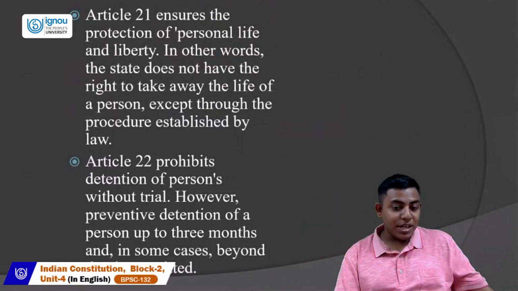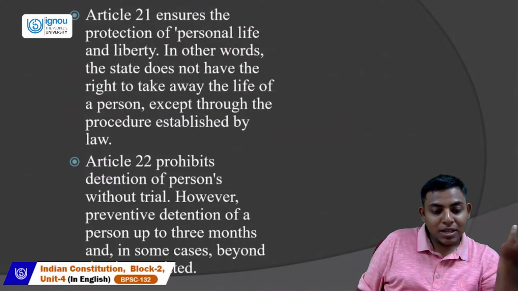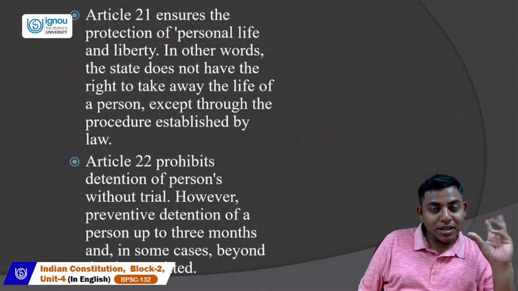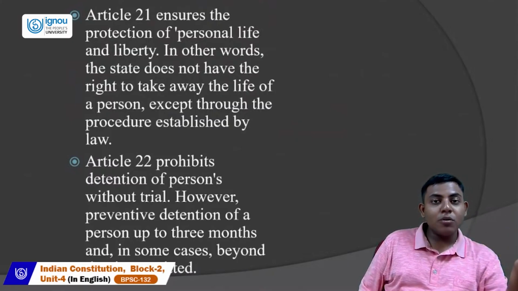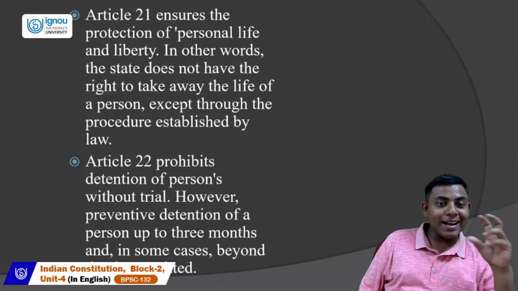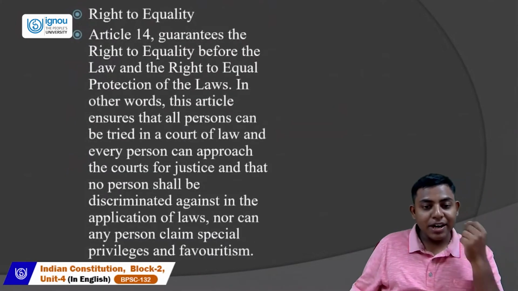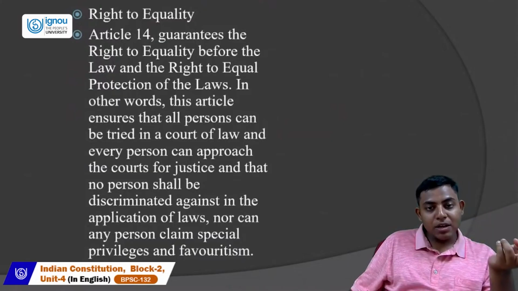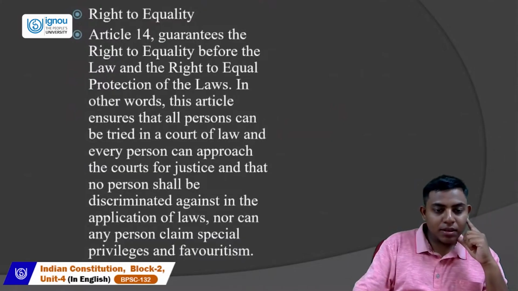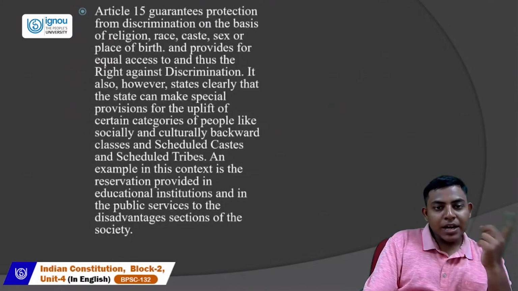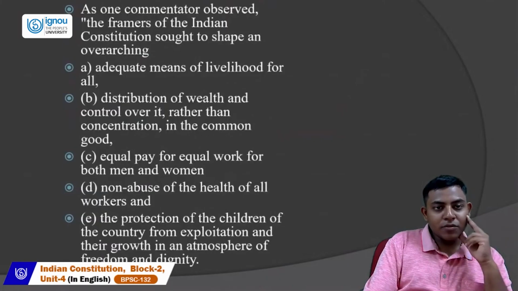So if a person is detained for more than 3 months, then a certain committee has to be formed to inquire whether that detention is valid or not. So Article 14, we have discussed, the right to equality and equal treatment before law. Article 15 also we have discussed so far.